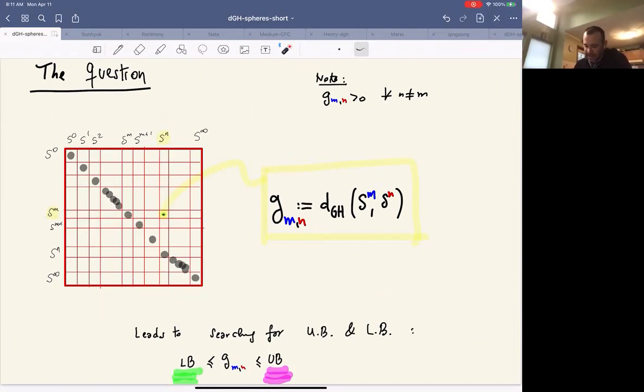This naturally leads to searching for upper bounds and lower bounds on the Gromov-Hausdorff distance, and hoping that sometimes the lower bound and the upper bound will match. And because d_GH is a proper distance, and because spheres of different dimension are not isometric, G_MN is always positive outside of the diagonal.